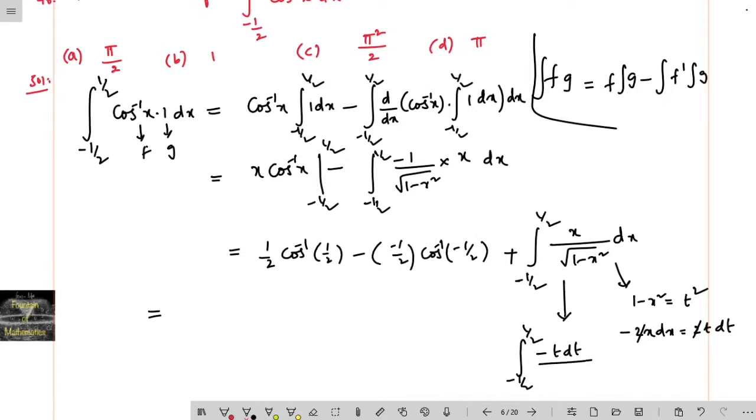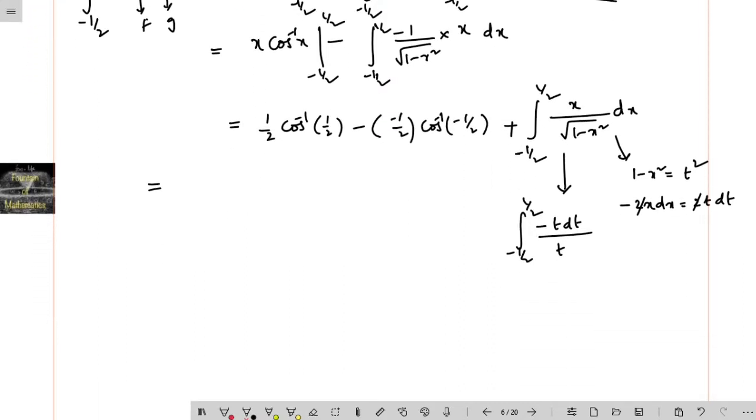So the integral of x dx over root of 1 minus x square is minus t dt divided by t, since root of t square is t. This cancels, and we get the integral of minus 1, which is minus t.